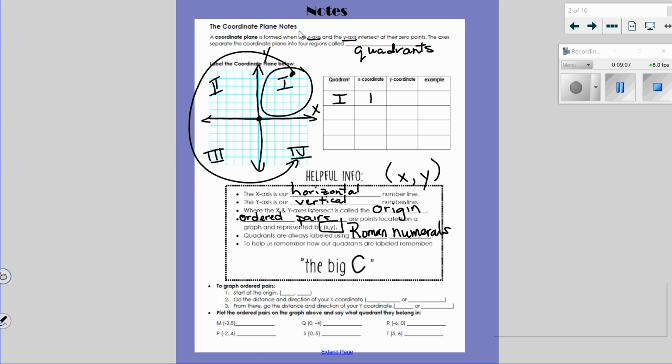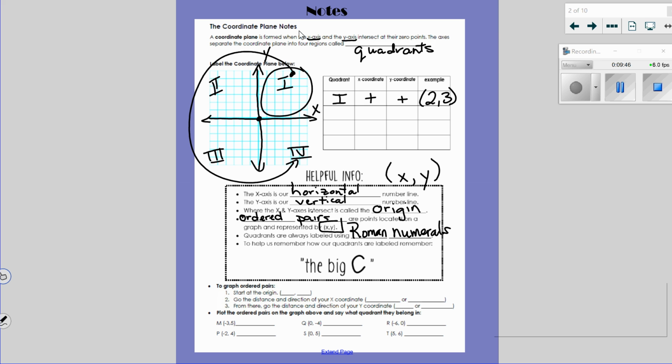So my x coordinate has to be positive to be in quadrant 1. Once I get over here, in order to actually get into quadrant 1, which way do I need to go? Up. So if I'm going up, what is my y coordinate going to be? It will also be positive. So these are the ones that you guys should have been graphing up to this point if you have done work on the coordinate plane. Any positive ordered pair will be in quadrant 1.